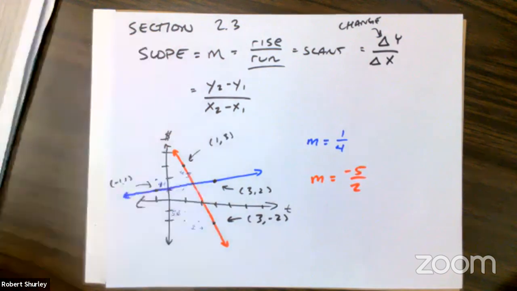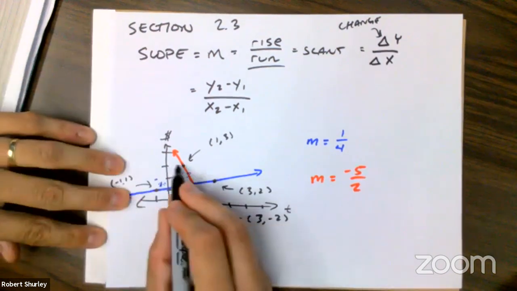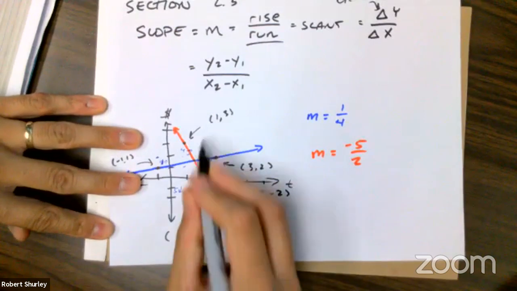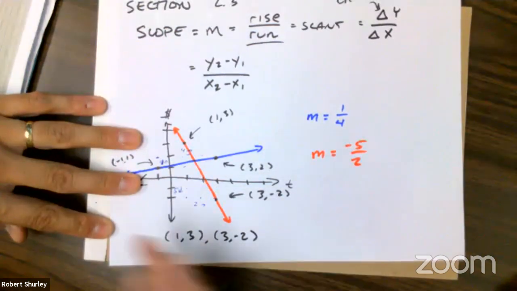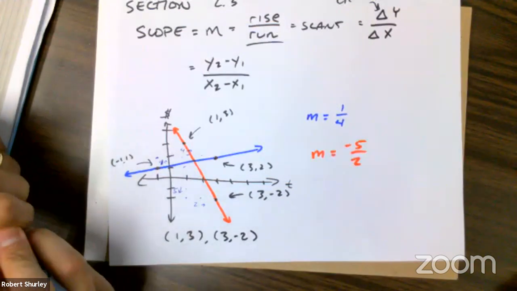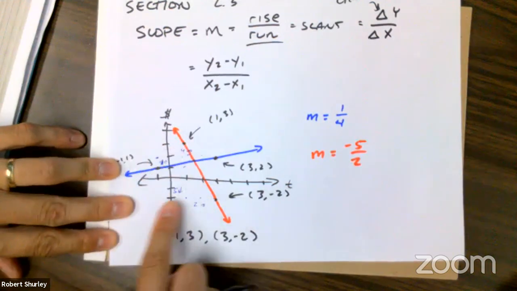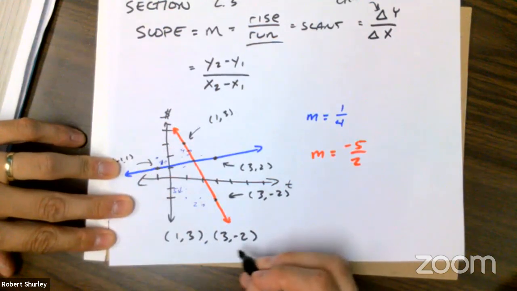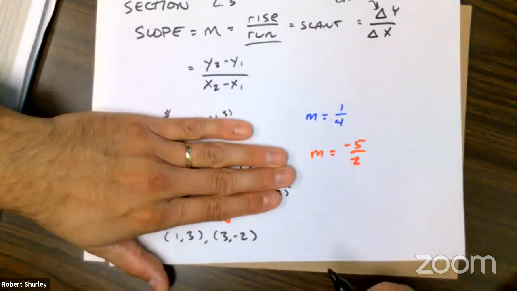A lot of times it's just easier to use the equation because you're given 2 coordinates. Like, let's do that red line. That red line we know goes through 1, 3, and it also goes through 3, -2, right? So if I wanted to find the slope and I didn't feel like drawing anything, I could just pop those coordinates into that equation.